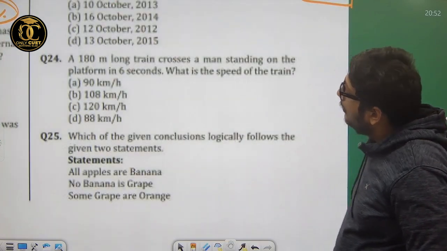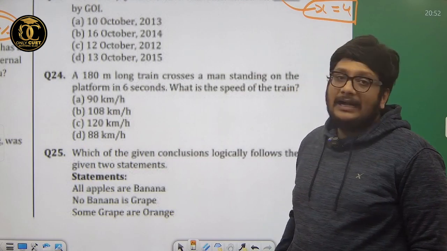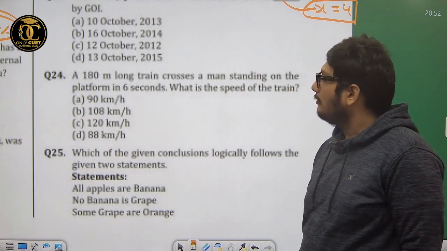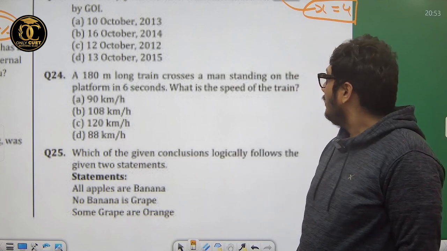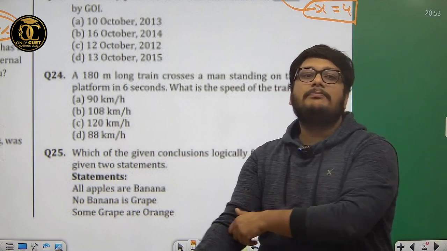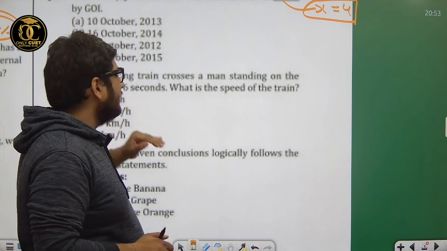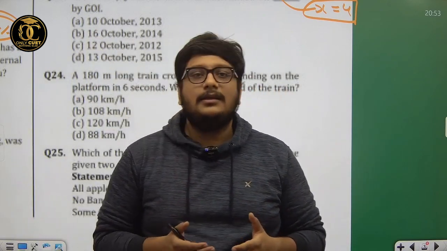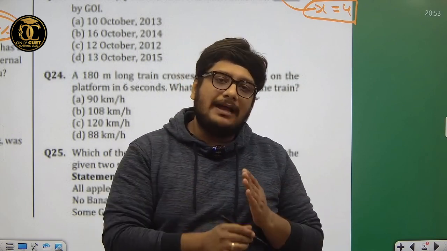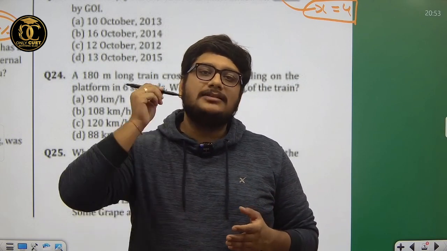24th. Just a second. Yes. 24th. A 180-meter long train crosses a man standing on the platform in 6 seconds. What is the speed of the train? See, this is something which I have explained in my foundation classes. Whenever a train is crossing a man, a pillar, or a tree, or a pole, it crosses its own length.